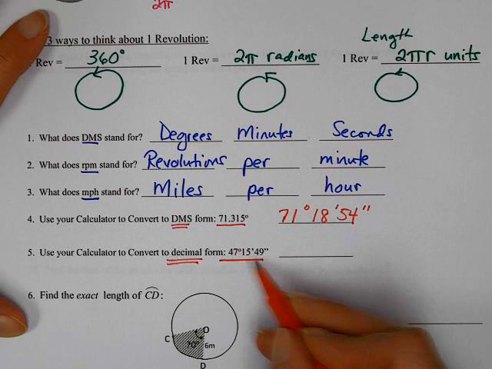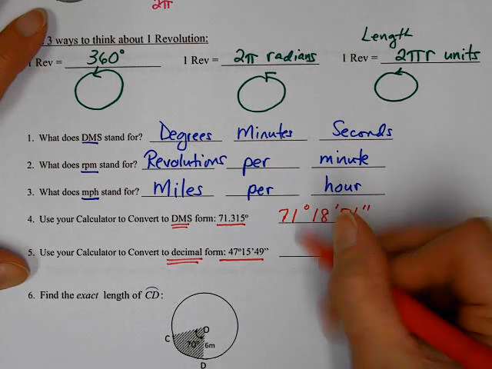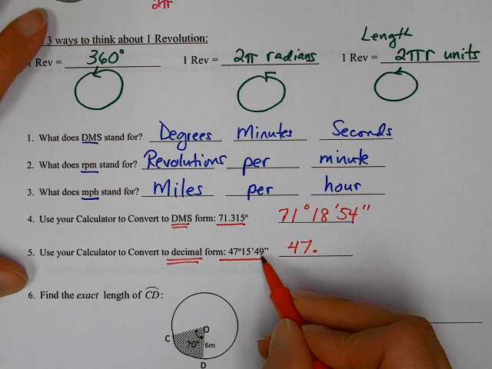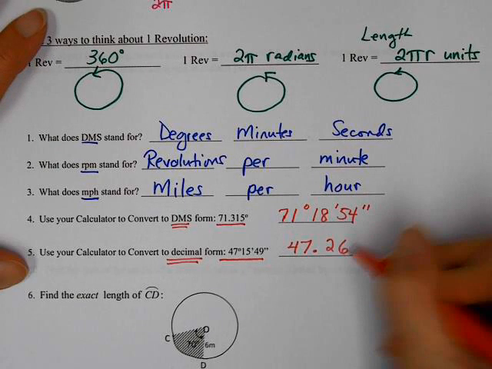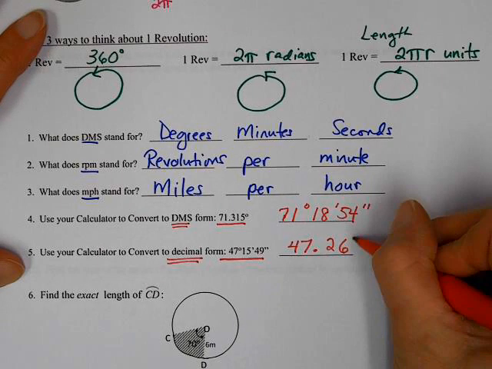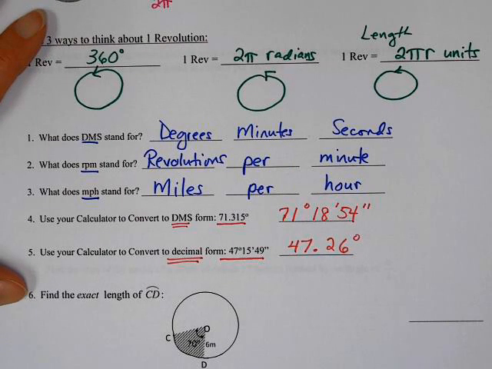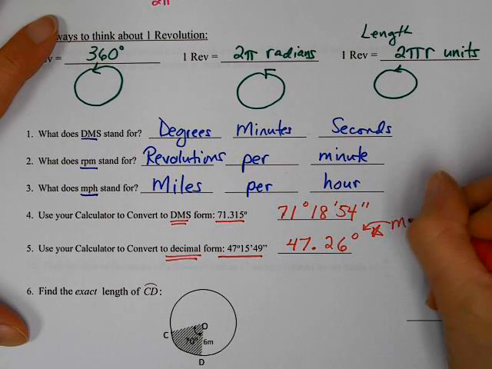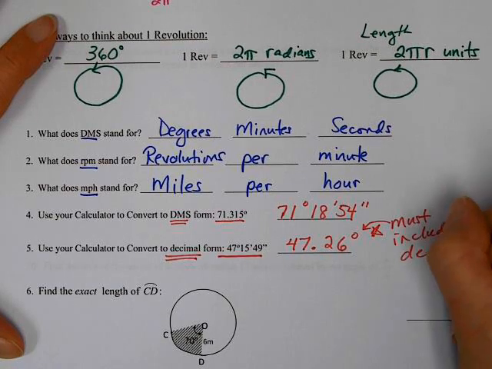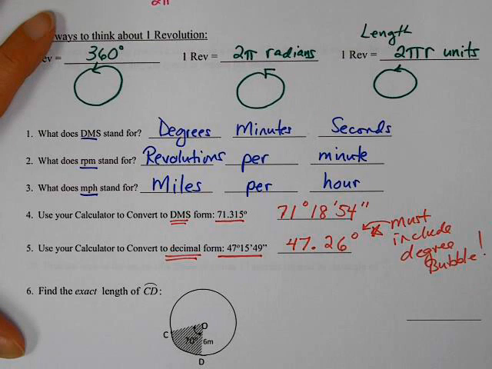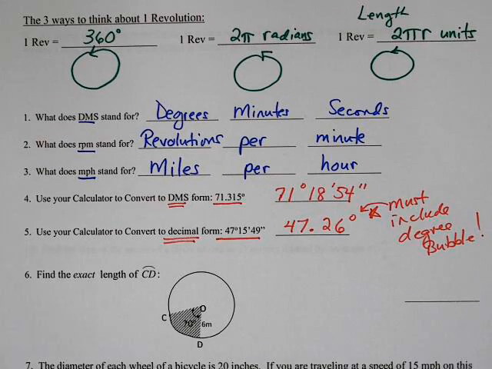Okay, so type this in, and the answer is going to be 47.26. Now, if you write that, you're going to get it wrong. You have to put a degree bubble. Without degrees, you're saying radians. So let's just put a little note here: must include degree bubble. If you have any calculator questions, make sure you ask in class how to work your calculator.